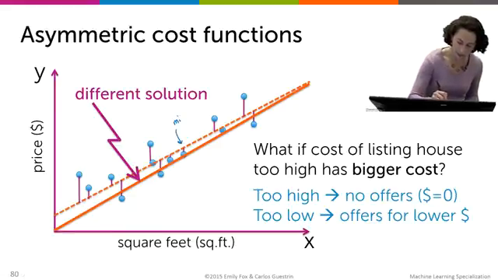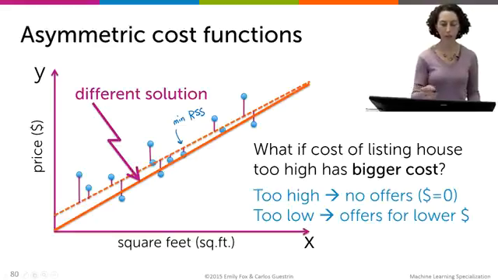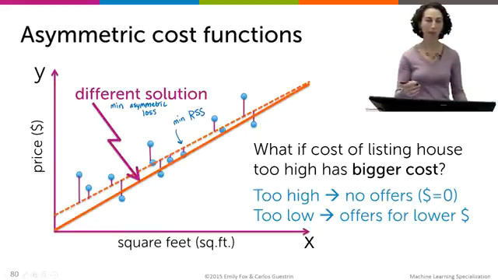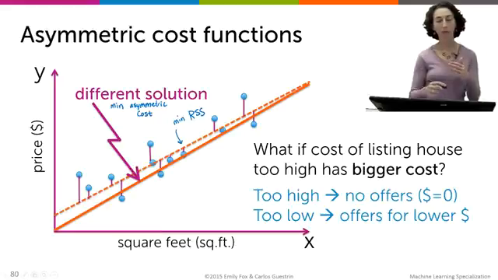Here, this is the fit minimizing residual sum of squares, and this other orange line here is this other solution using an asymmetric loss, an asymmetric cost, where I prefer to underestimate the value than over.